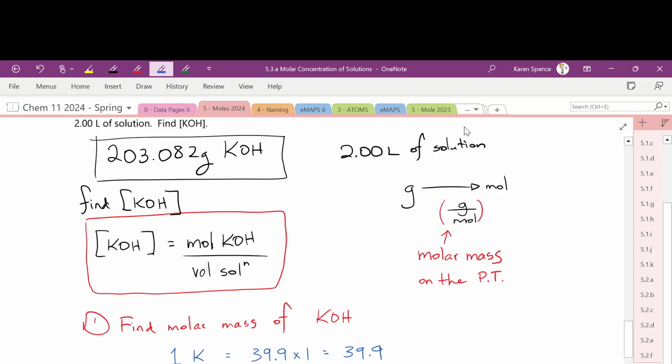Did I get the molar mass? Oh, 39.1, not 39.